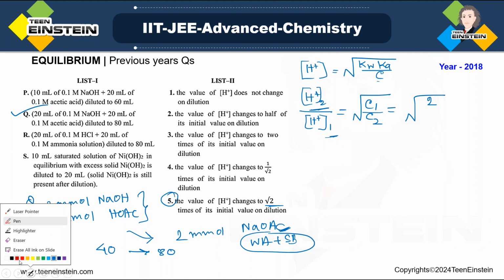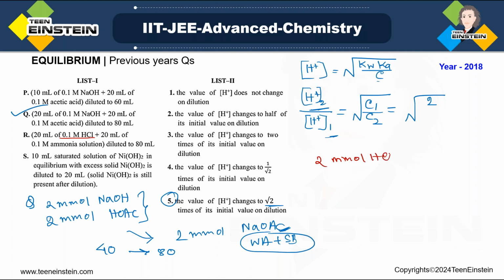Now what about the next one? 20 ml 0.1 molar HCl, that means 2 millimole HCl, then 2 millimole NH4OH. So you will get 2 millimole of the salt. Now when we consider hydrolysis of this salt, it is a strong acid weak base combination, and for this we can use an expression just like the previous one.